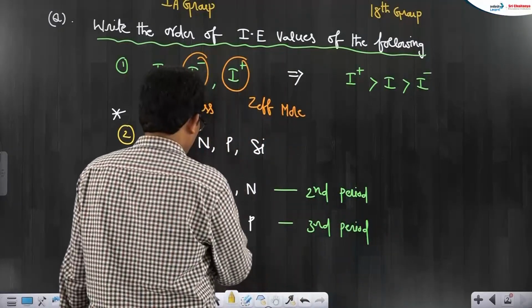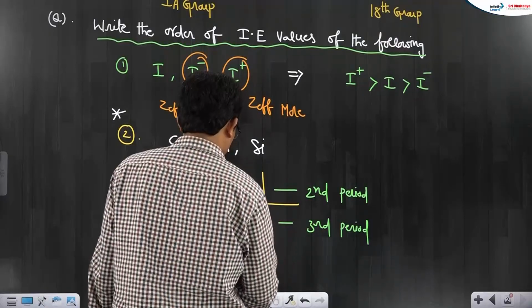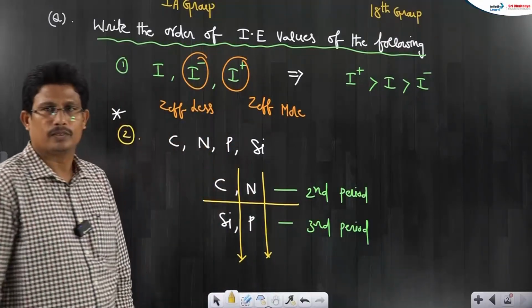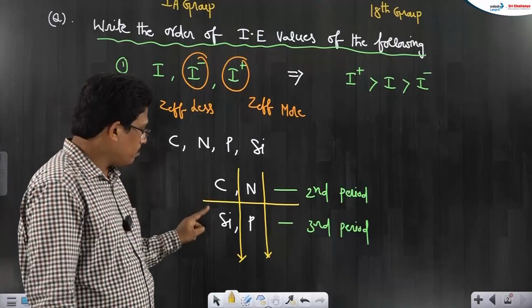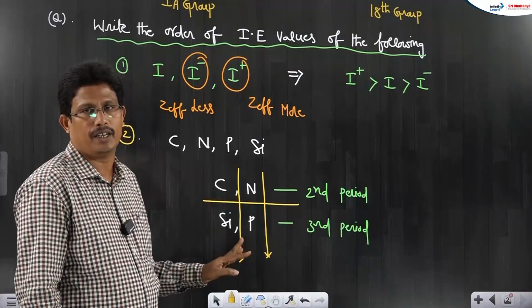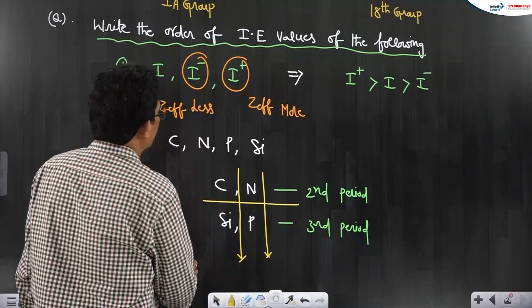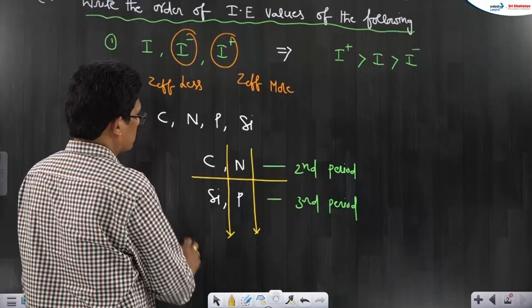If you write from top to bottom like this, atomic size increases, so ionization energy decreases. Left to right, ionization energy value increases with some variations.